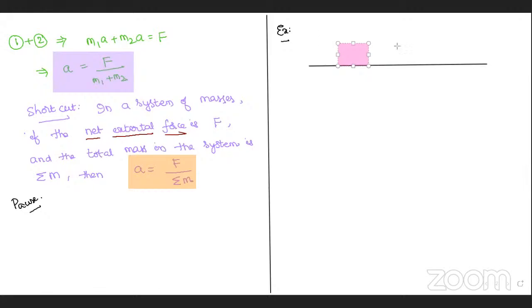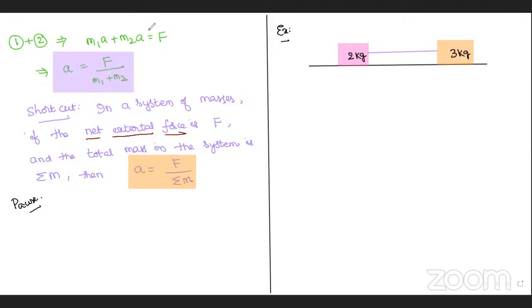Here I am taking two masses, connected as usual with a massless string, and he created some numerical values here. He took 3 kg, at a, and this second mass is 2 kg, at a.